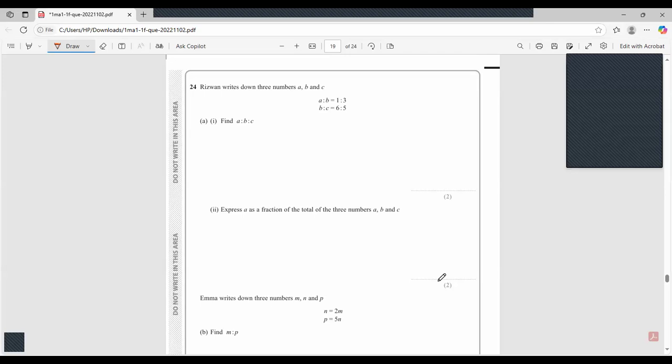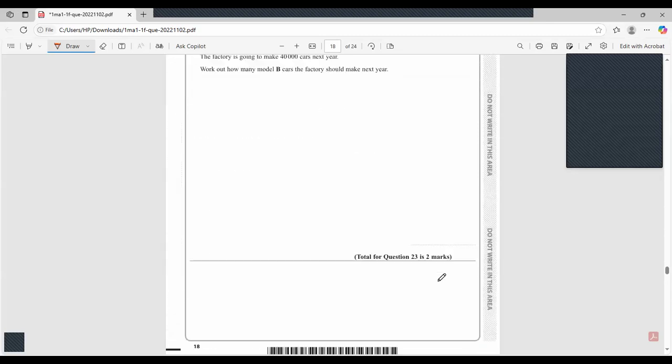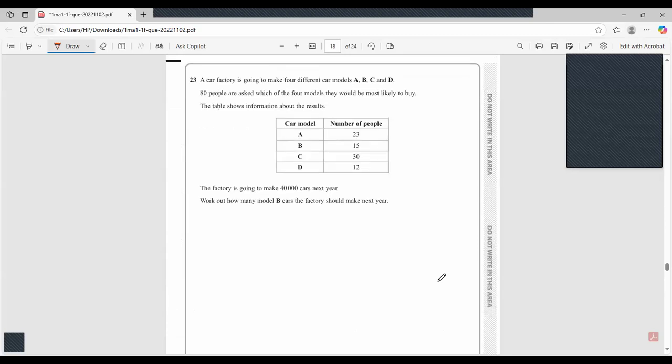Then we'll go to the one that you can't solve. So is this a question you can solve? Oh yes. Okay, that's a ratio question. How about this one?